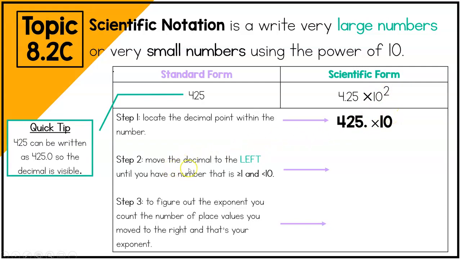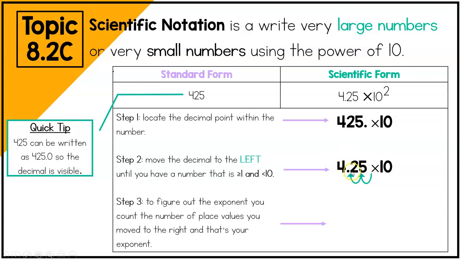The next step is to move the decimal to the left until you have a number that is greater than or equal to 1, but less than 10. Here, my decimal in the first step was after the 5, and I've moved it 2 times. So now it's 4 and 25/100ths, which is greater than or equal to 1, but less than 10.